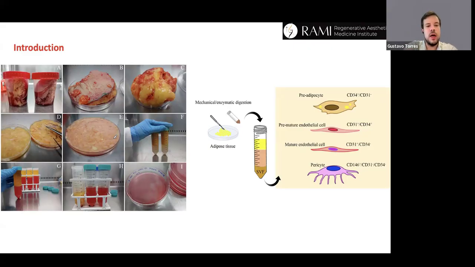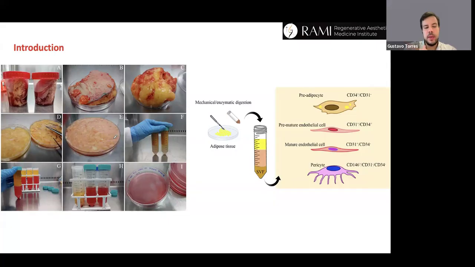These are real photos of how fat tissue becomes cells, or how fat tissue can be managed inside the laboratory for us to extract cells from it. There's a very big trend, or there was a very big trend, on using the stem cells we have in the adipose tissue because, as you know, the adipose tissue is very good in proliferating, in vascularization, and so on and so forth.